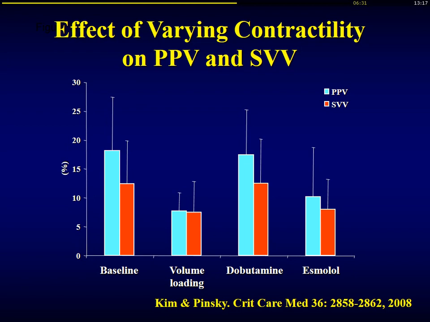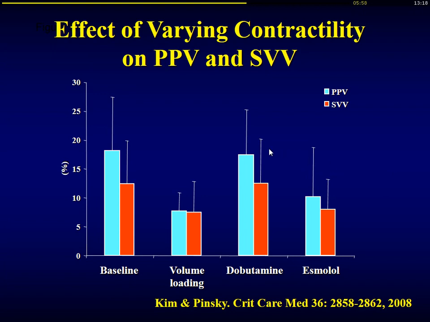You can use pulse pressure and stroke volume variation as surrogates of contractility because they will respond that way. In this example from dogs, Kim and I simply gave volume to dogs and we saw that the pulse pressure and the stroke volume variation decreased, as you would expect. But then in the setting of hypervolemia, we gave these dogs dobutamine, 5 micrograms per kilogram per minute in healthy dogs.